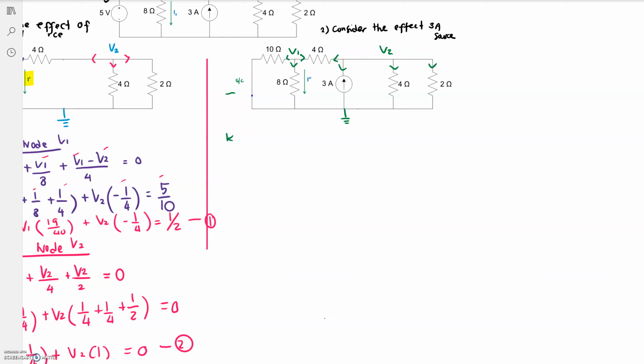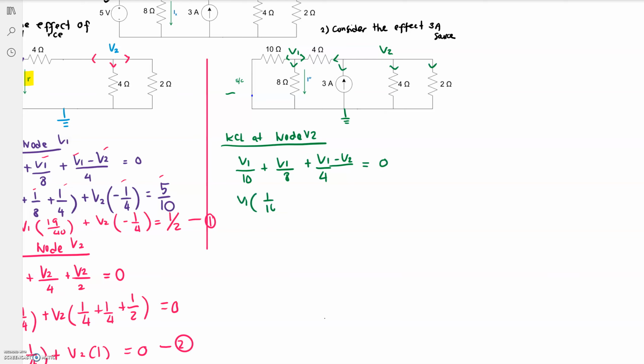KCL at node V1: V1 over 10 plus V1 over 8 plus V1 minus V2 over 4 equals 0.